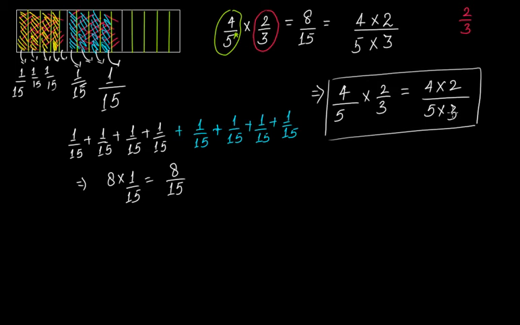Okay, it means that whenever you are multiplying two fractions, you have to simply first multiply the numerators together, right, and then you have to multiply the denominators together. Or let me write it properly.